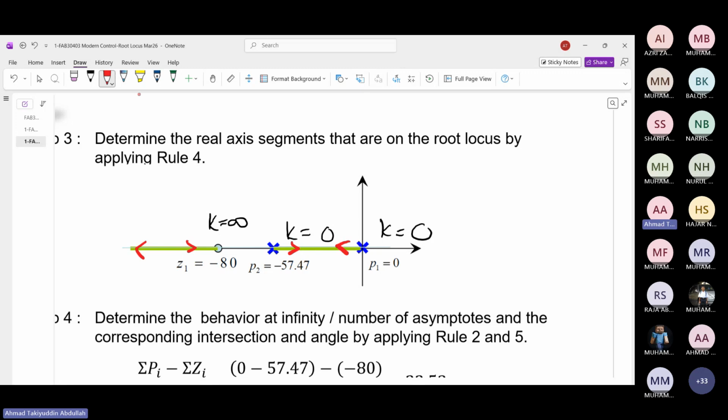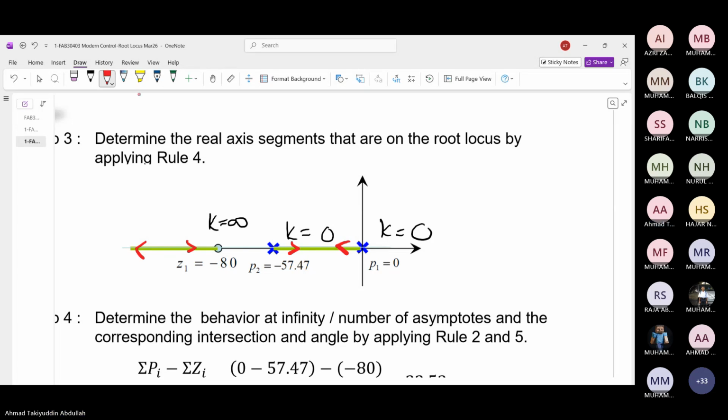And we are going to have one point that will be known as break-in point. Why? Because there must be a locus coming from the other point to this real axis segment that we have on our plot.